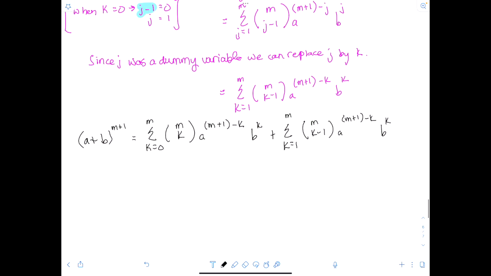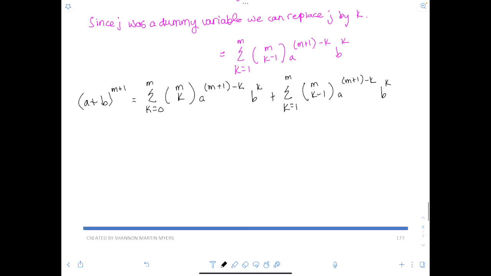All right. So we want to get these to be the same index. So if I take a look here with the first one, I can rewrite the first one as the 0th term in the sequence plus the summation as k goes from 1 to m of the rest of it.